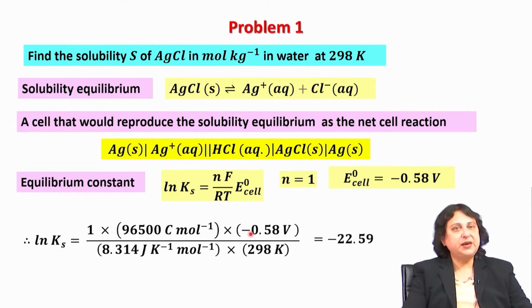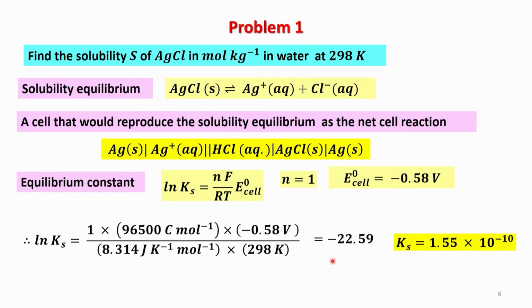Now, what does it give me? That gives me the logarithm of Ks equal to minus 22.59, and that eventually means that Ks is equal to 1.55 into 10 to the power of minus 10.